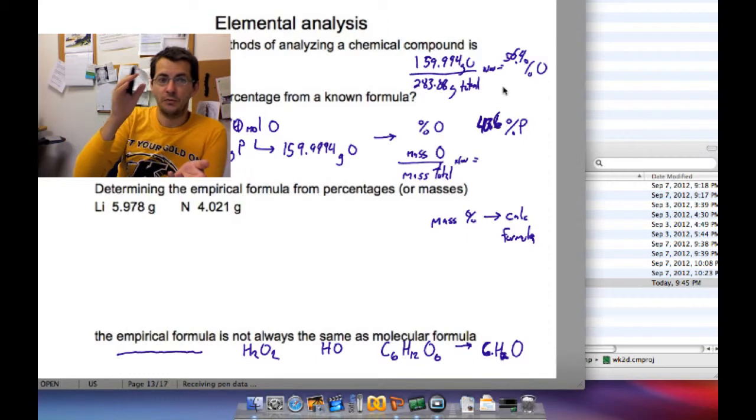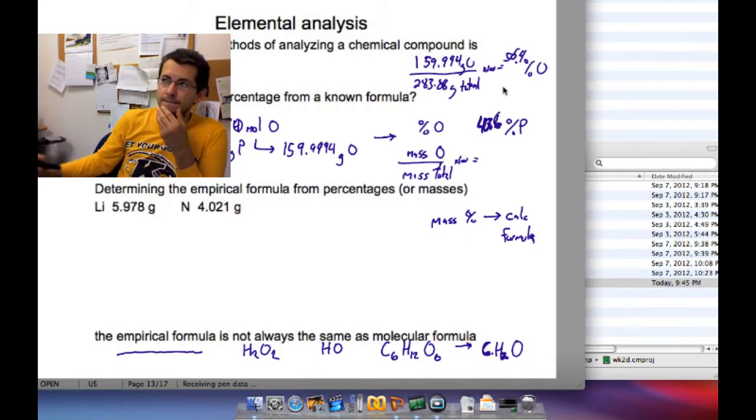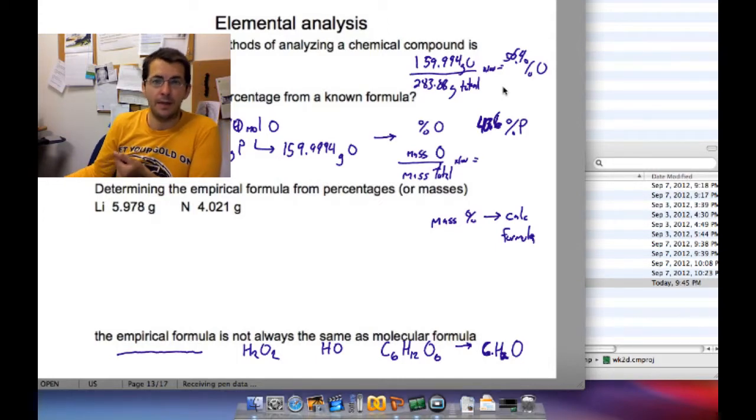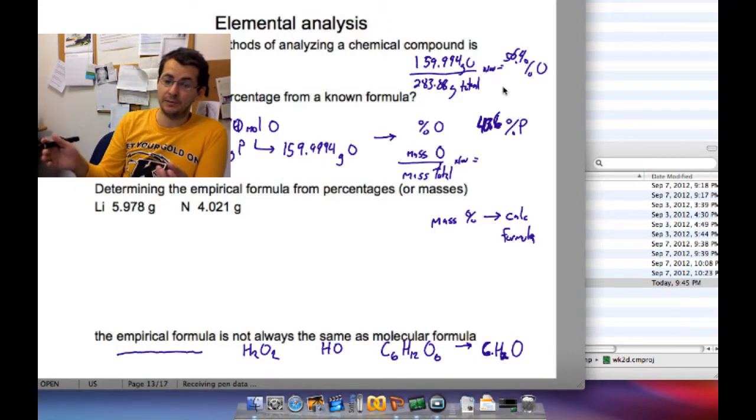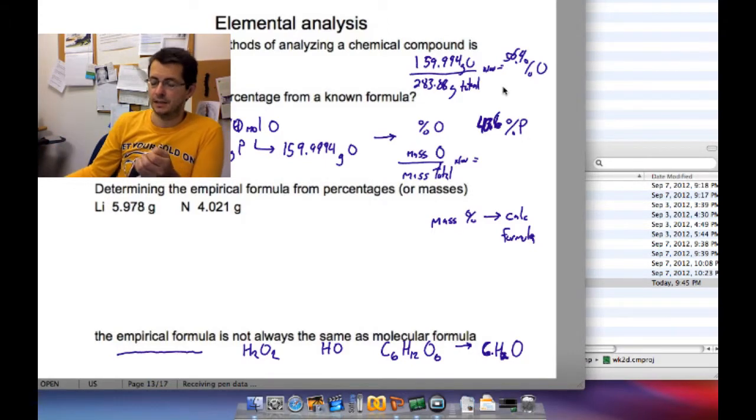And the way we usually do this is, well, what did we do before? How do we go from formula to mass percent? We took the moles and converted into grams, and from that we could convert that into a percentage. Well, let's just reverse the procedure. Take our percentage, convert it into grams, which I've done in this case.